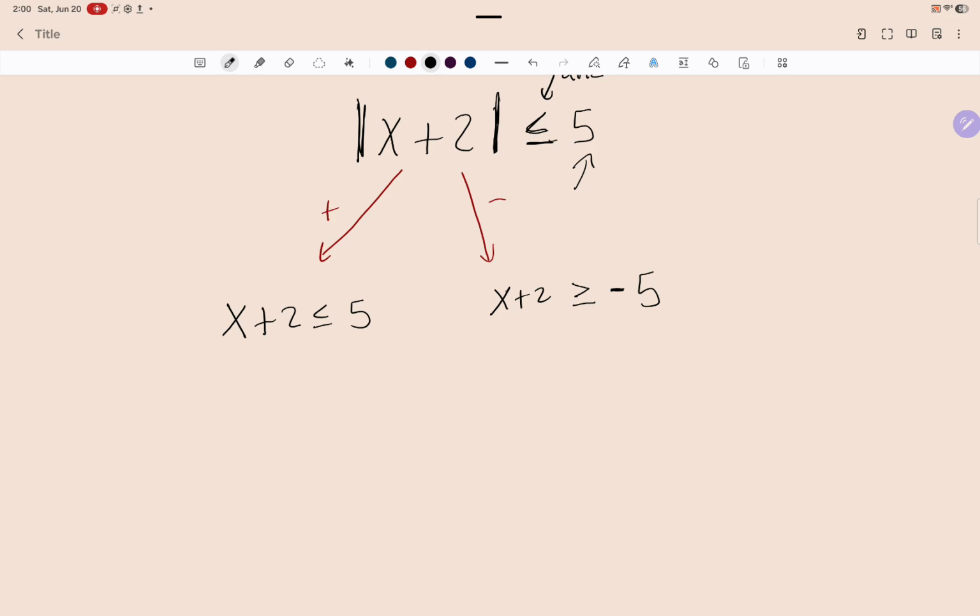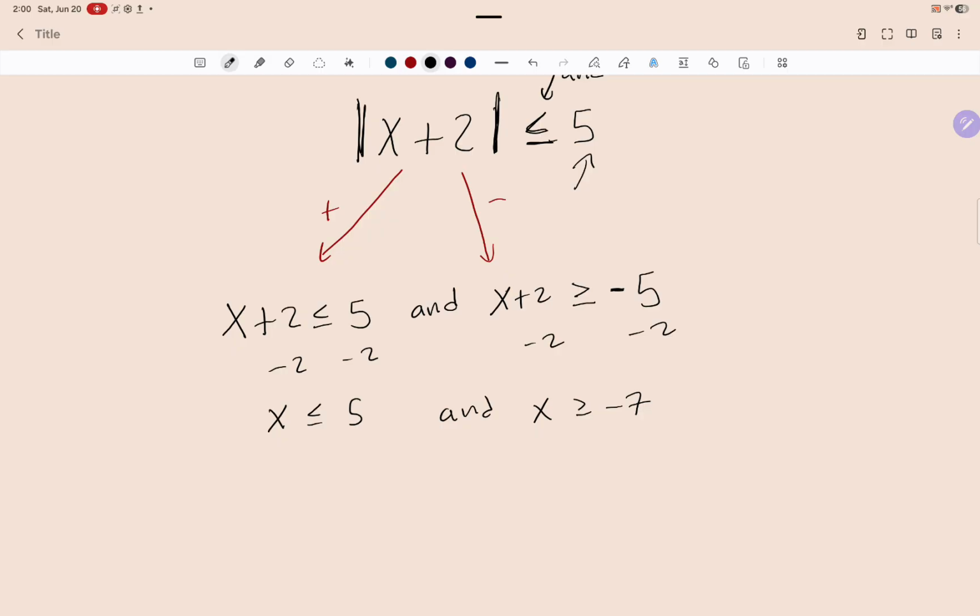Now, remember, it's an and, so I would like to write the and statement. So now I'm going to subtract 2 on both sides, and here I'm going to subtract 2 on both sides. So I get x is less than or equal to 5, and x is greater than or equal to -7.